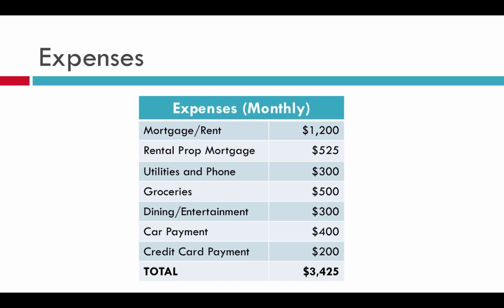We've got utilities and the phone bill, that's $300 a month. Then there's groceries, eating out, and going to a show or two. This person has a car payment, so that expense is captured, $400. And they have a credit card payment they make every month of $200.